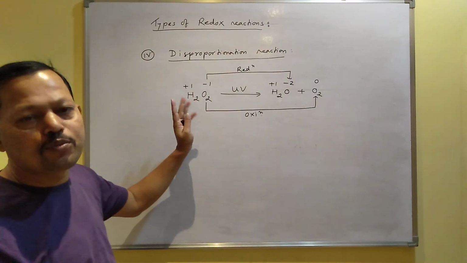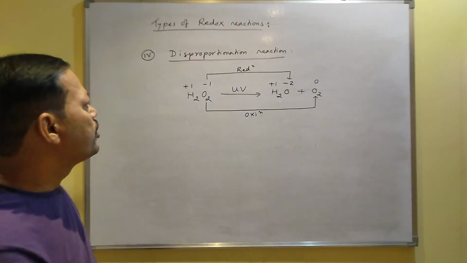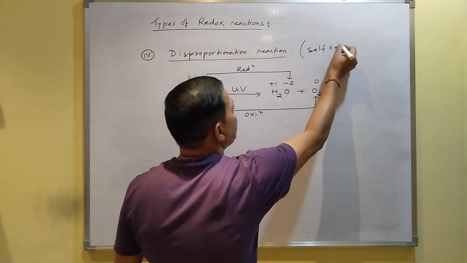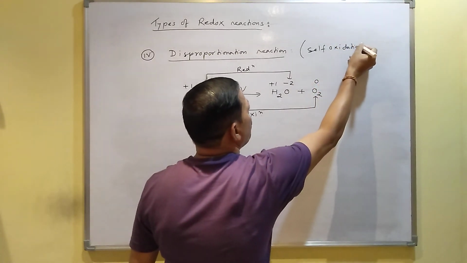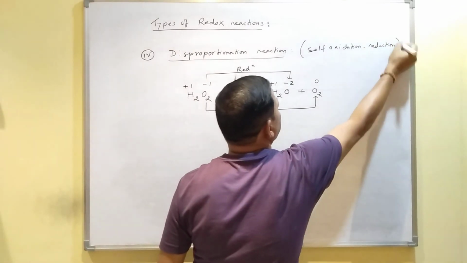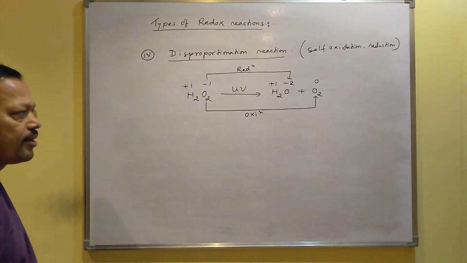So this is one example of disproportionation reaction, and this is one example of redox also. So disproportionation means nothing but self-oxidation reduction. I mean one element undergoes both oxidation and reduction. This type of reaction is called disproportionation reaction.